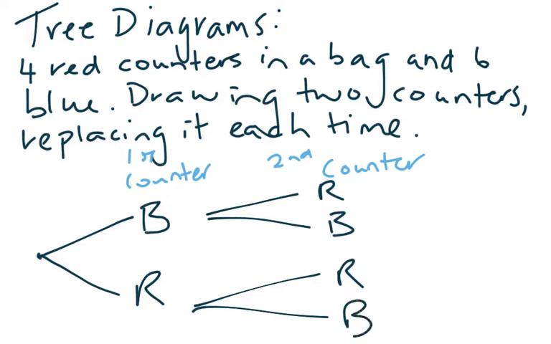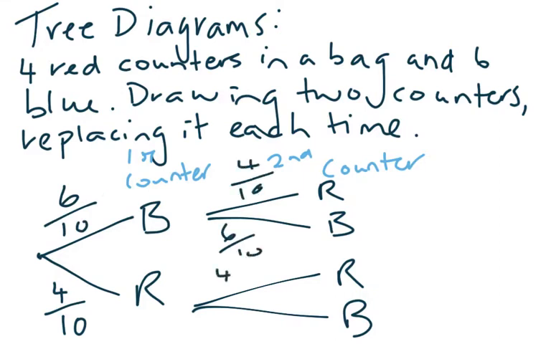And remember, the probability has to be on the branches of the tree, so the probability of selecting a red counter is 4/10, and the probability of choosing a blue counter is 6 out of 10. And again here it's the same: 4 out of 10, 6 out of 10, 4 out of 10, 6 out of 10.